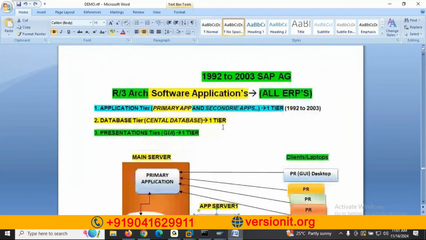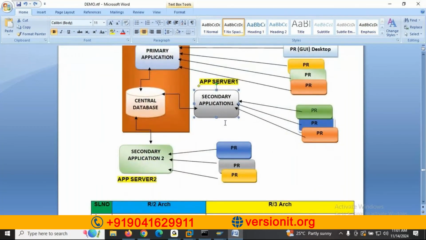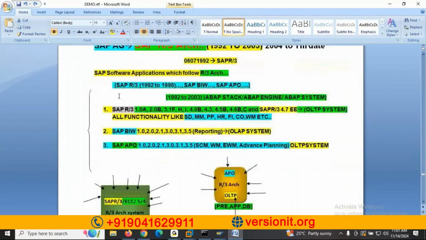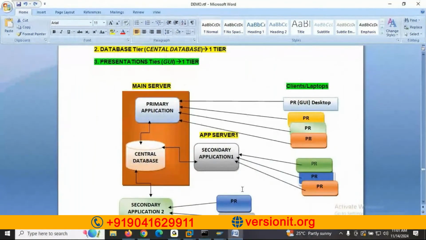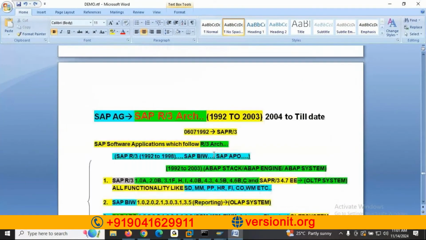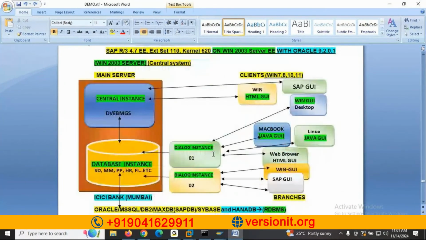In this architecture, SAP software was developed. Today we are focused on understanding how many software products were developed with this architecture. I have named it primary and secondary, and I have given you a clear diagram here. What is this called? GUI.